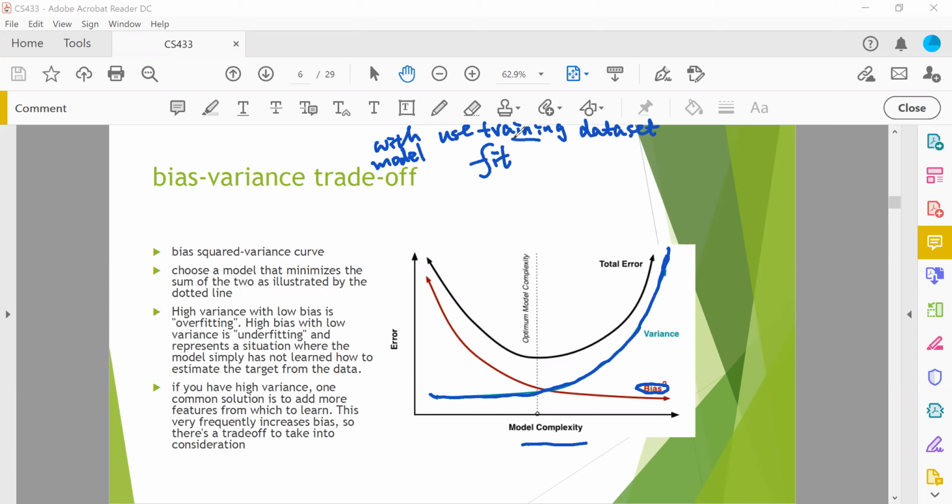You use your training data set to fit the model very well.